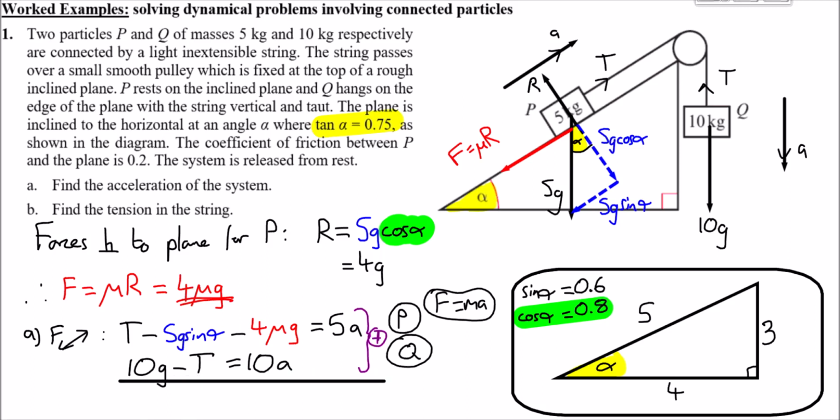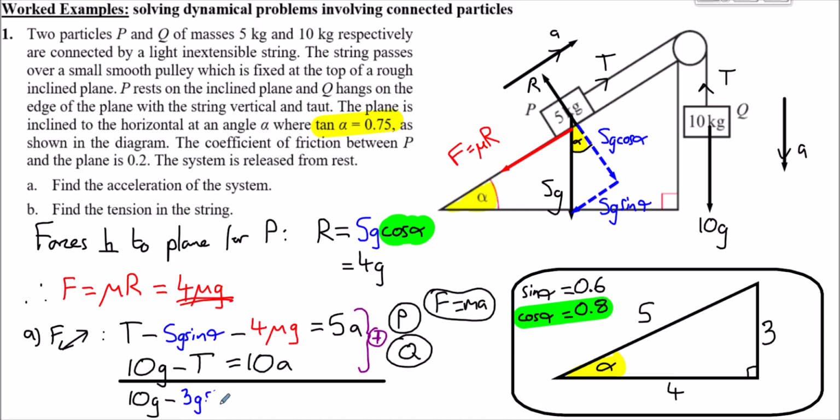So on the left, we'll have 10g to start with. We'll have minus 5g sine alpha. Now again, we know sine alpha is 0.6. 5 times 0.6 is 3, so it's just equal to minus 3g.